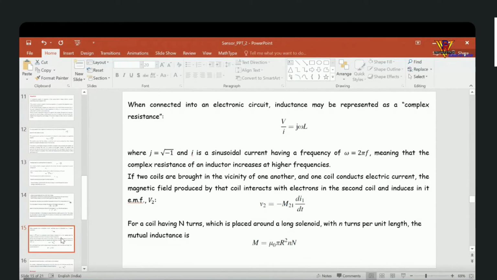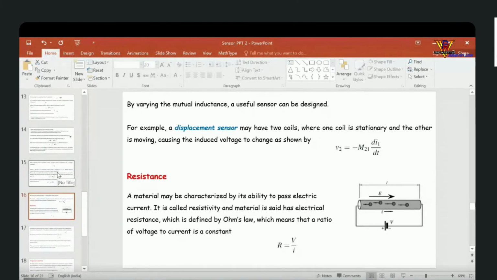So for this, what we can observe, if we are able to vary the mutual inductance, we can design a sensor. We can design a useful sensor by varying the mutual inductance.